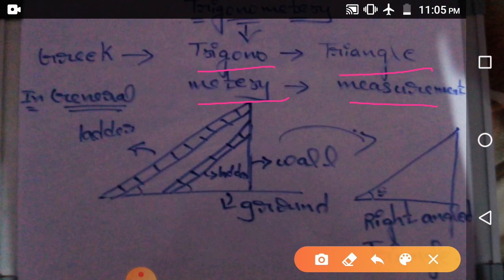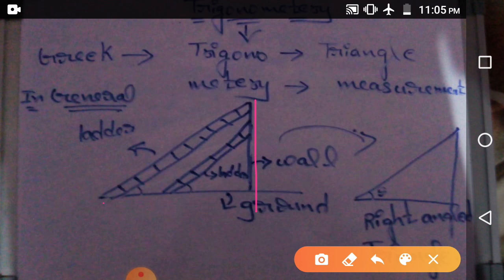Let's say there is a ladder which is placed against a wall, and this is the ground. If we join these lines, we'll get the shape of a right angle triangle. Let's move further.